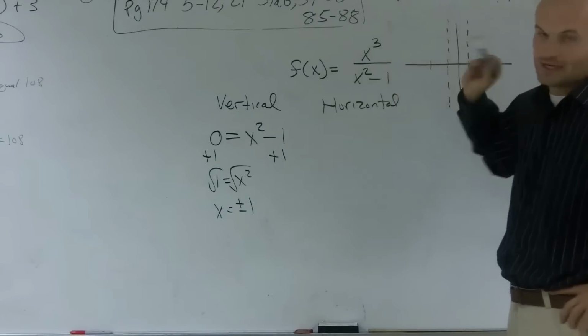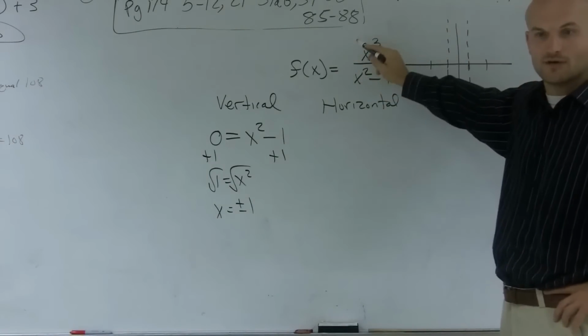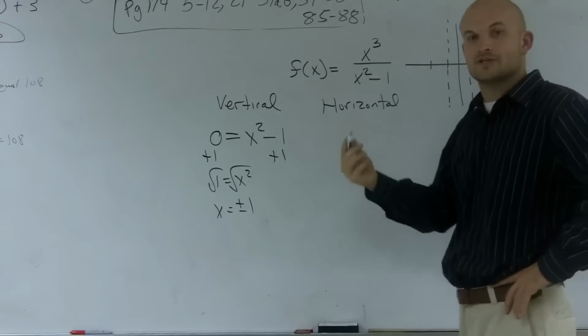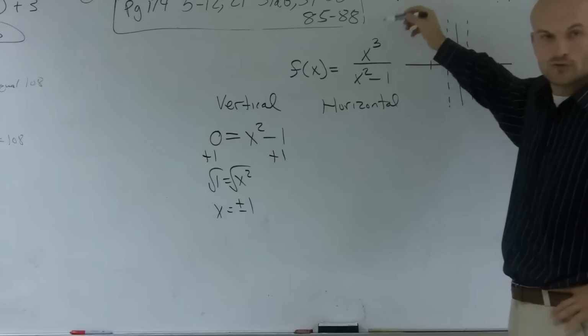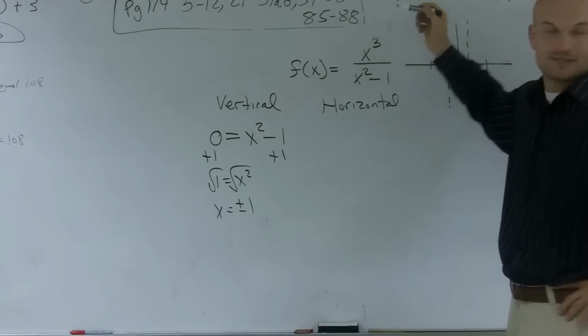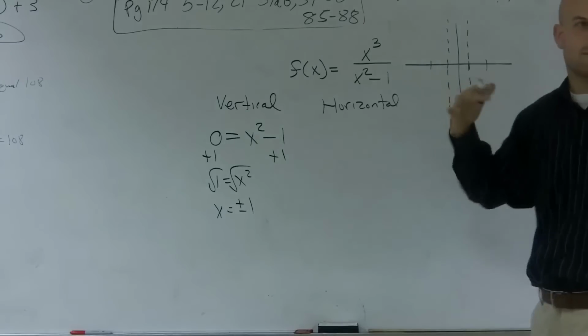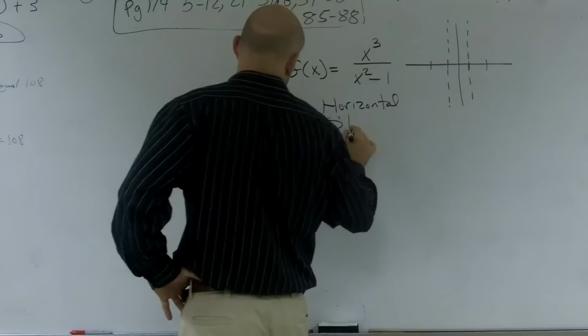If these two degrees were equal to each other, then you need to take the coefficient of each of those leading terms and divide them, and that's what y would equal as your horizontal asymptote. In this case, though, the degree of the top polynomial is larger than the degree of the bottom polynomial, so you do not have a horizontal asymptote. What you have is what we call a slant asymptote.